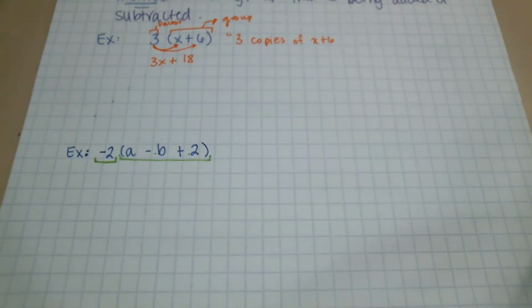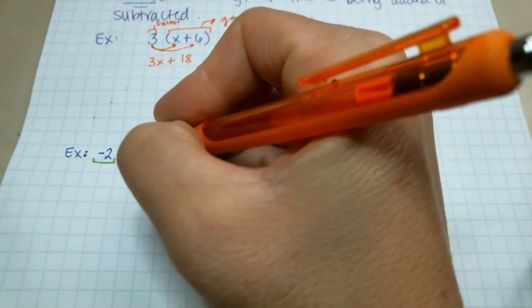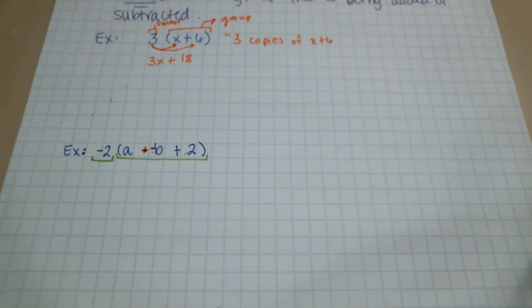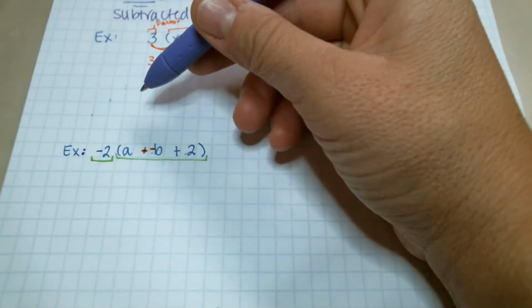And just be careful here, because since this is minus b, we could rewrite it as plus negative b. So that minus b makes the b negative. So just be careful. Watch your signs on your integer expressions. You don't want to make the mistake of having a negative when you should have a positive, and vice versa.